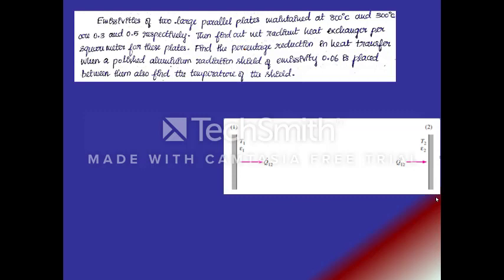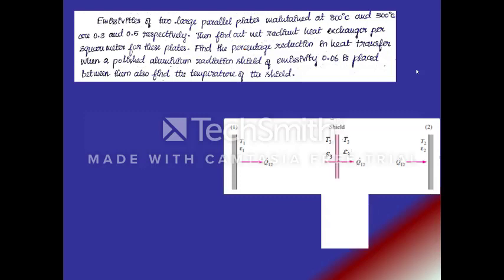So we have to calculate the heat exchange between these two plates assuming unit area. In the second case, find the percentage reduction in heat transfer when a polished aluminum radiation shield of emissivity 0.06 is placed between them. In the first case, there is no shield, we'll calculate.